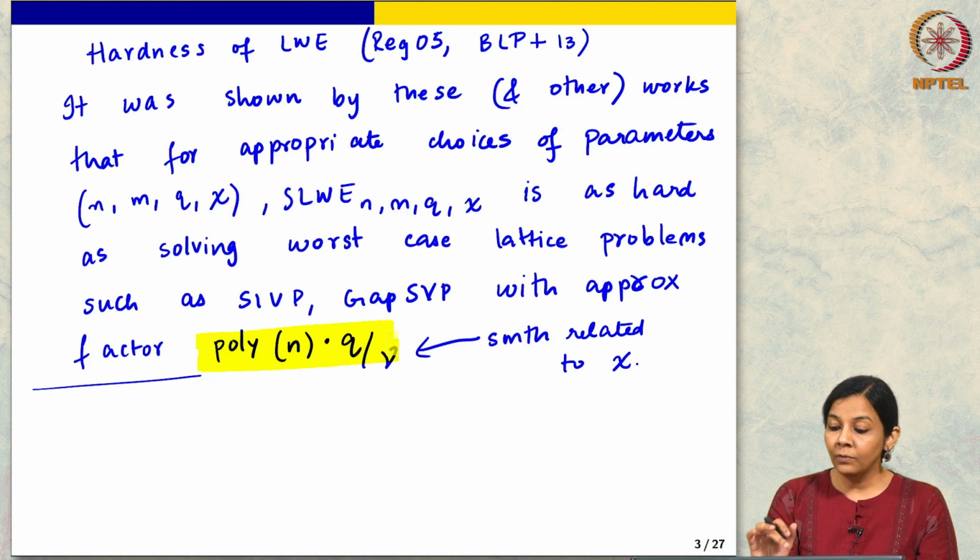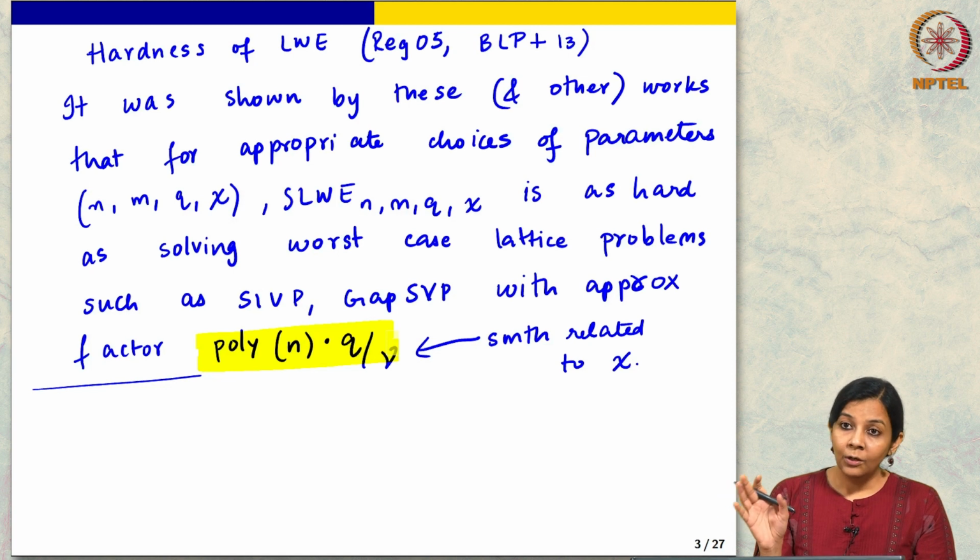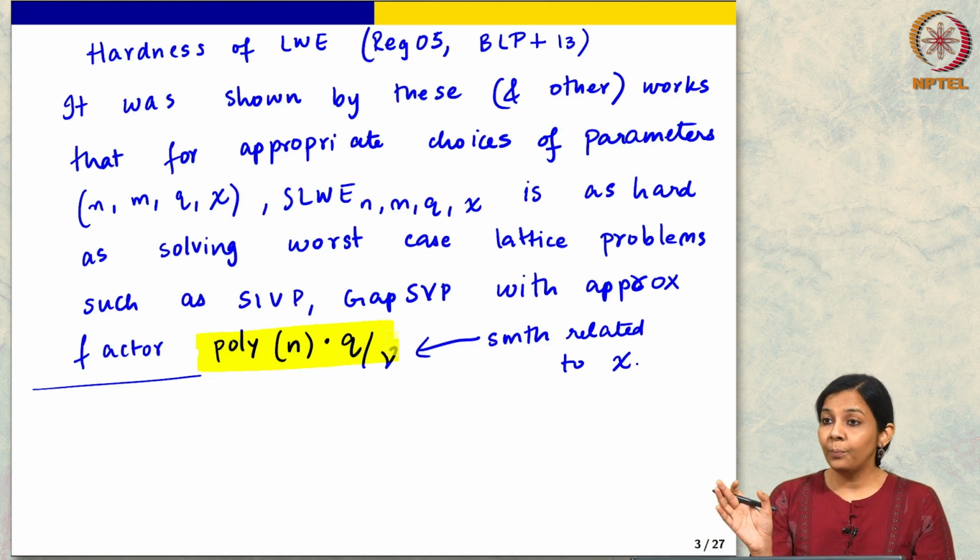So, here we are using the approximate version of these problems, and I should mention that for these approximation factors, these problems are not known to be NP hard. Really just like with the rest of cryptography, we are conjecturing that these problems for these approximation factors are hard. This is just based on our knowledge of what are the best known algorithms to solve them.